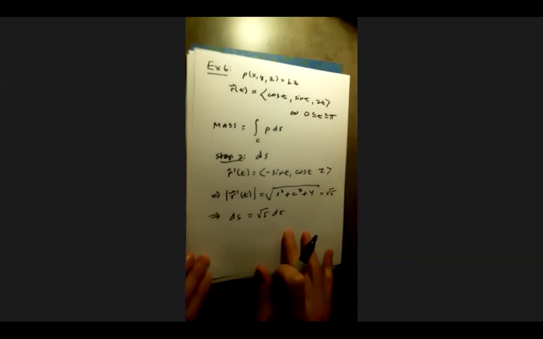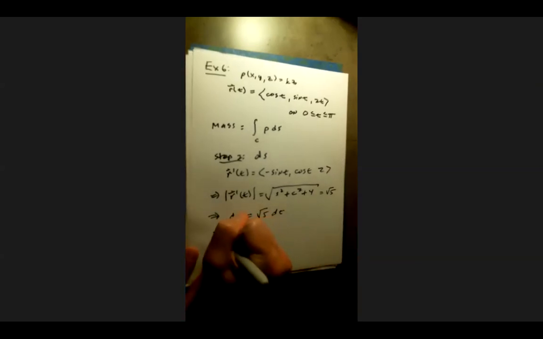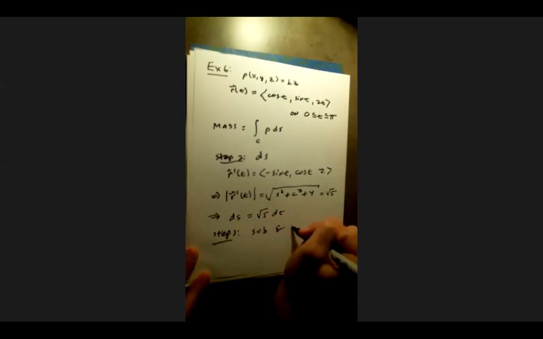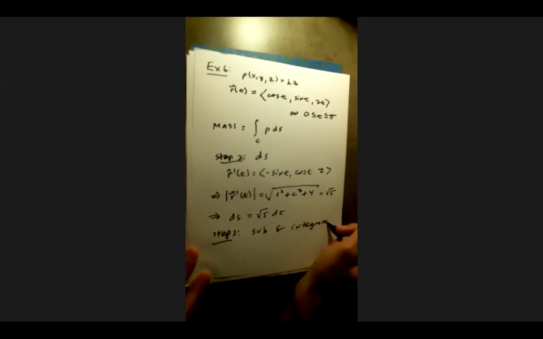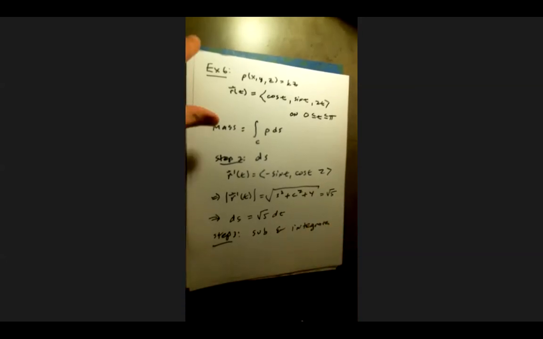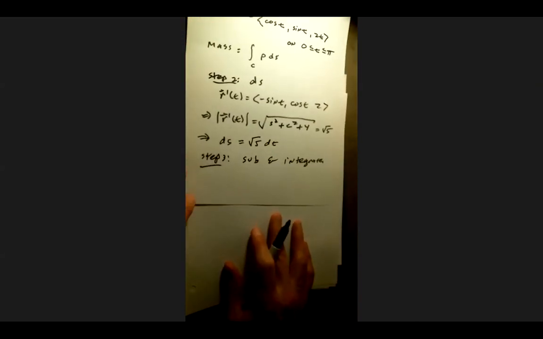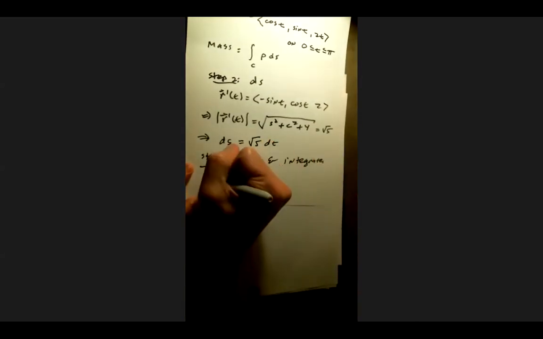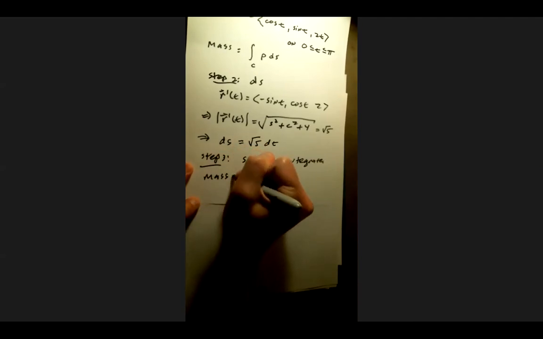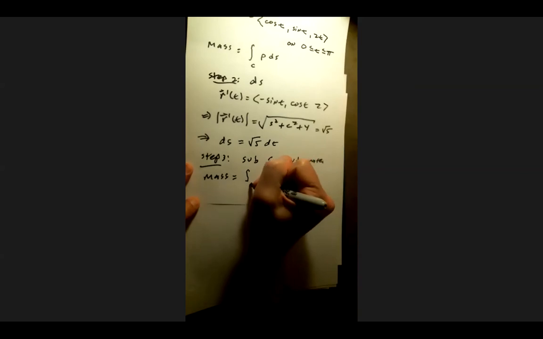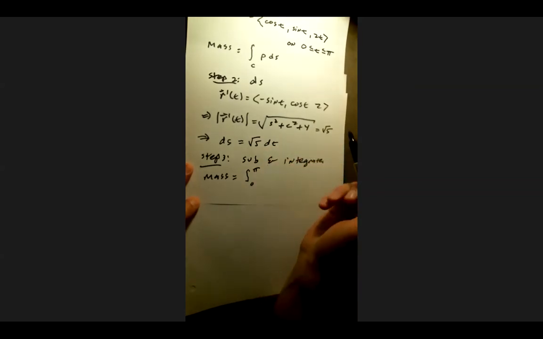All right, so then we can substitute and integrate. So, see how this is going to work. Our mass is going to equal the integral from 0 to pi of k.